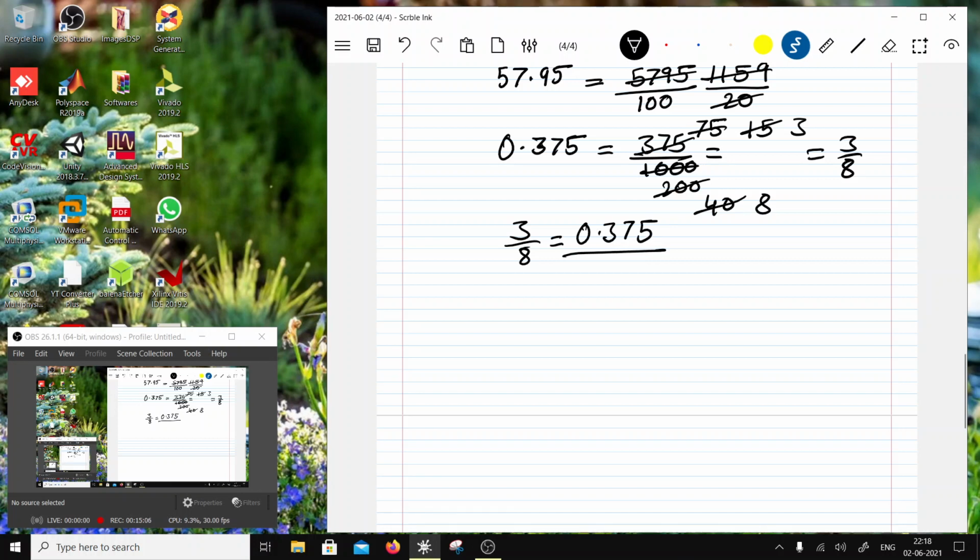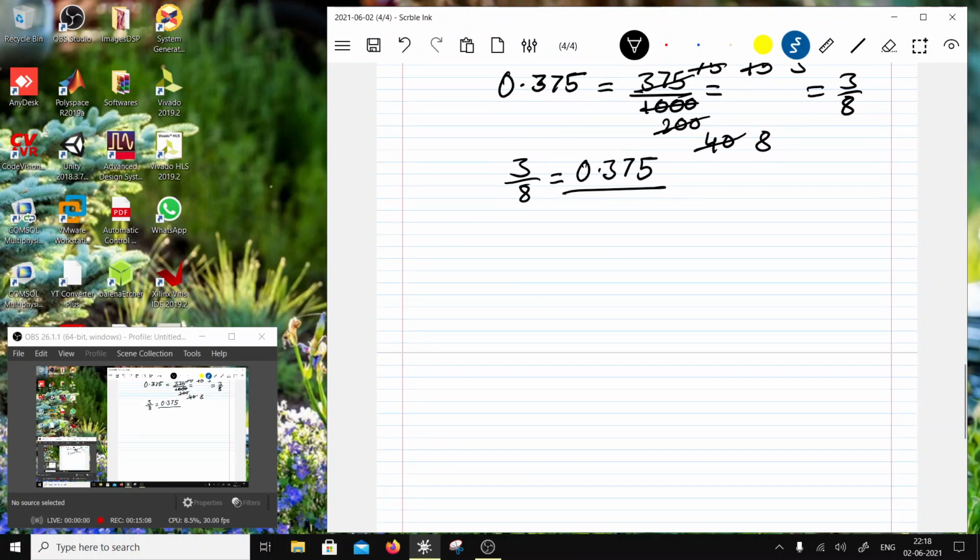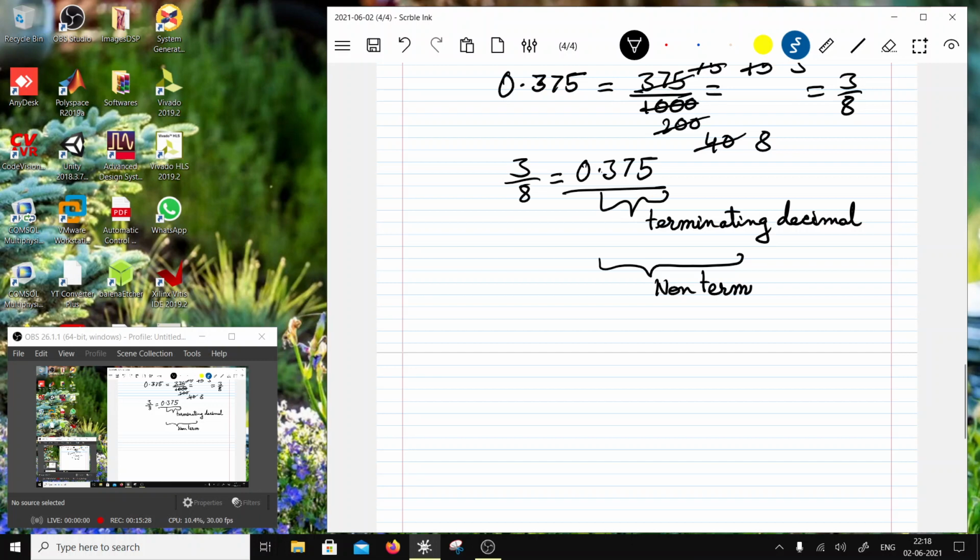Now another thing is, if there are a finite number of digits after the decimal, then this is called a terminating decimal. Now if it is infinite, it keeps on continuing, then it is called a non-terminating decimal, or an irrational number.